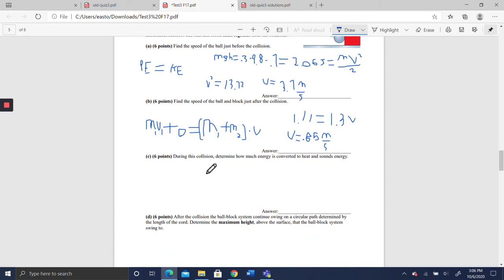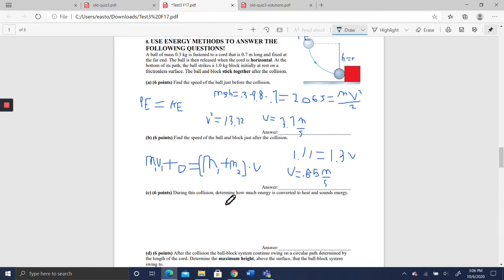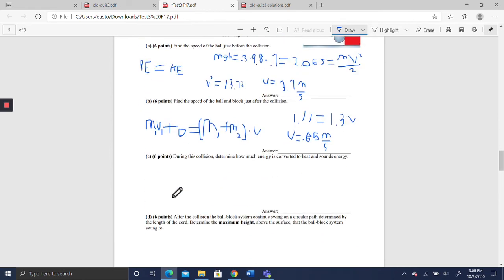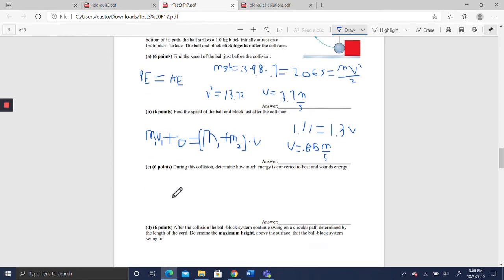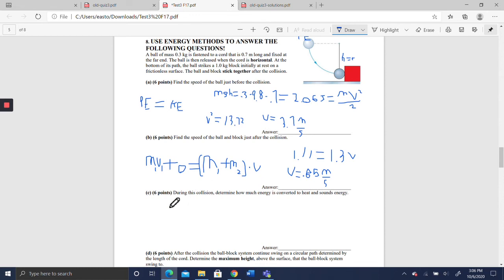So we will be doing C now. During this collision, how much energy is converted to heat and sound? Alright, so basically how that works is, since we have our kinetic energy here, we want to know how much energy is lost. So we have our initial kinetic energy before it strikes. And remember, energy has to stay consistent. If it doesn't, all the energy that goes out, it all goes out into heat.